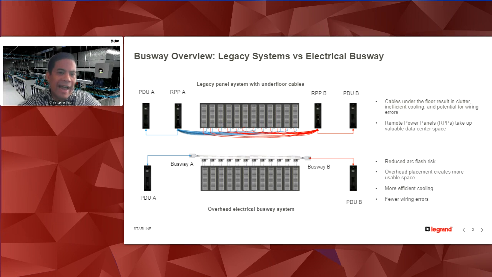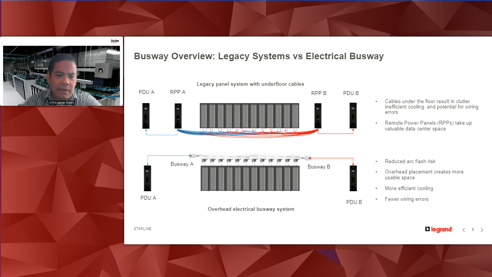The power that was housed in the RPP is now distributed directly over the rack via the busway system. The key advantage was that you get a localized and visual view of how the rack is powered. You don't use raised floor in that topology. Your A and B come in and they're powered directly above the rack using a tap-off disconnect.